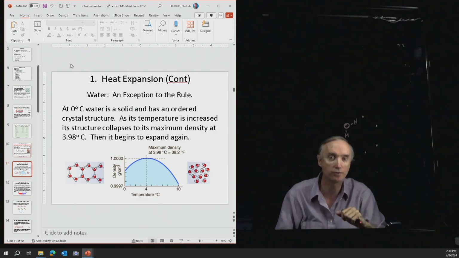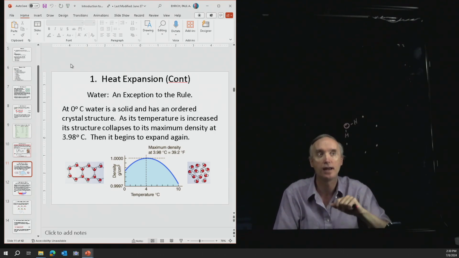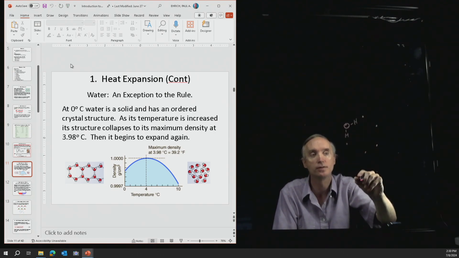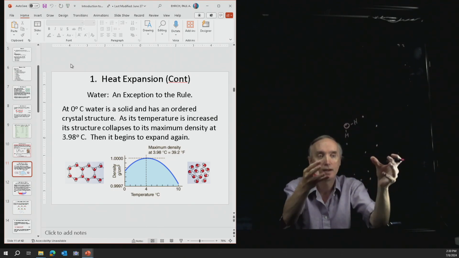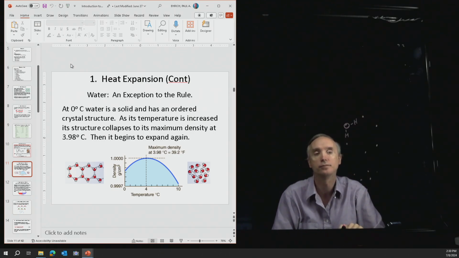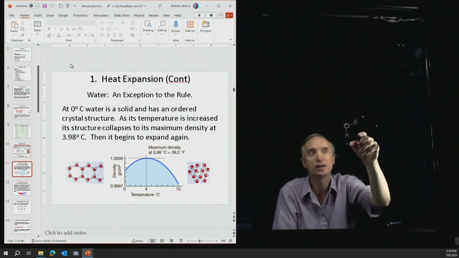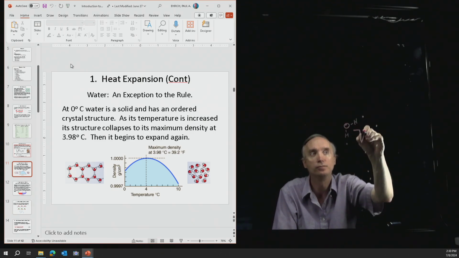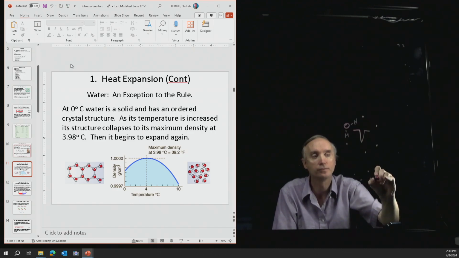They have so much energy that they break. And so this thing collapses to liquid water, and so everything has all collapsed together. So notice this has a larger volume than what this does.